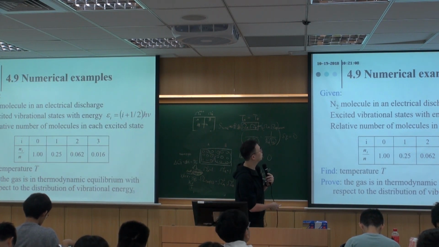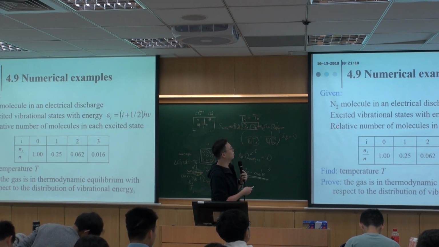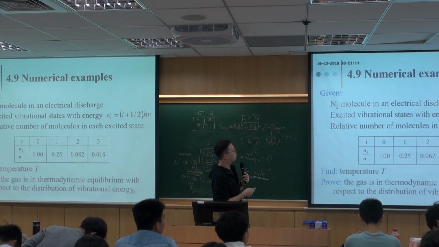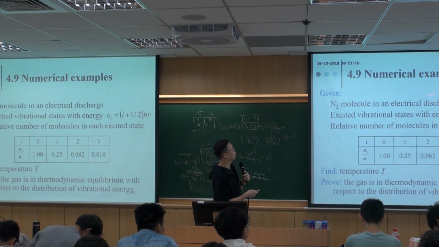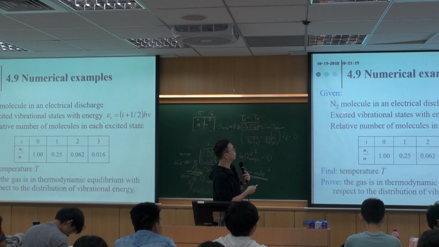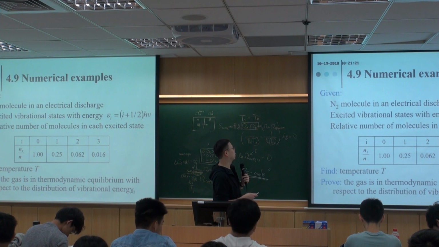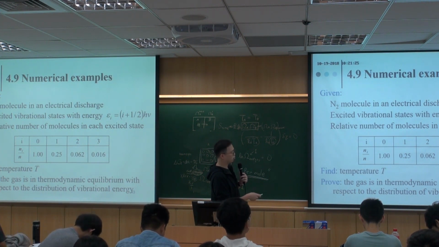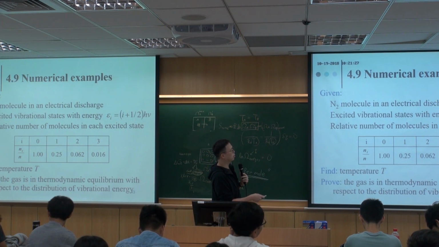are fairly simple. So for instance, in this case, it says that you have a nitrogen molecule in an electrical discharge. Now, even if you don't know what's going on here, you can still calculate things, because eventually it tells you that the energy distribution, the energy level, looks like this.